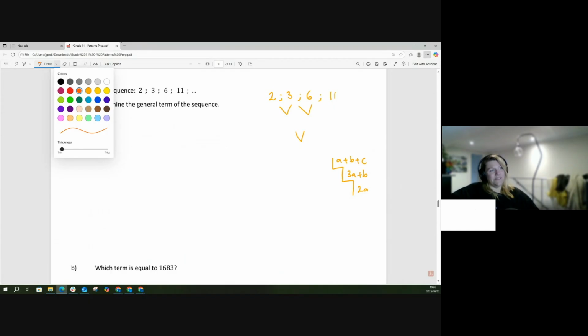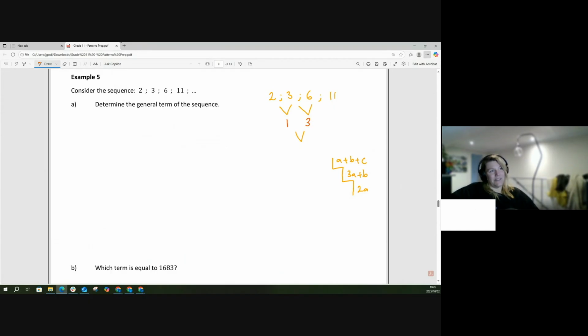So first difference is 1 and then 3. Second difference, 2. The numbers we care about: 2, 1, 2. Work our way from the bottom up. So 2a is equal to 2, which means a is equal to 1. 3a plus b is equal to 1, which means 3 plus b equals 1.